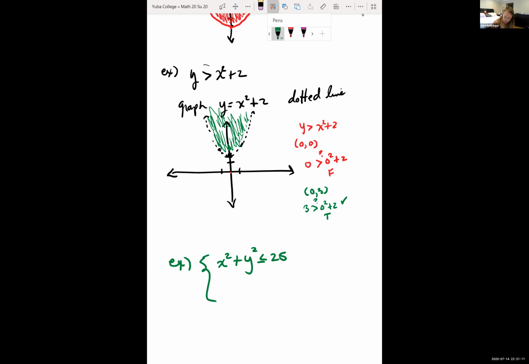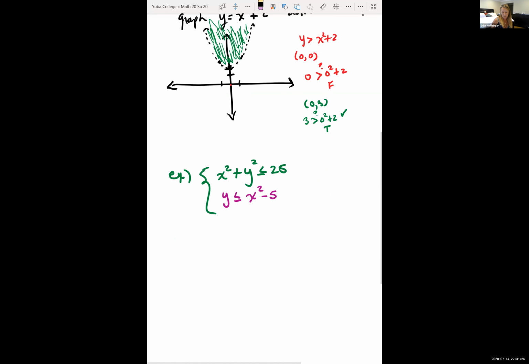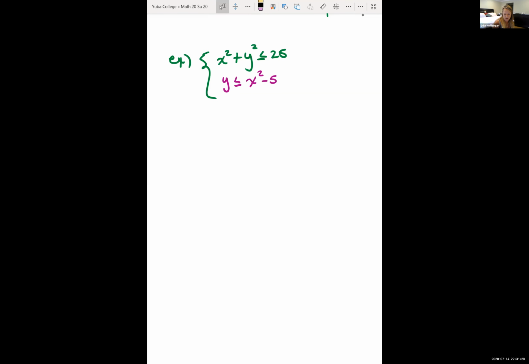And the second one is y is less than or equal to x squared minus 5. Okay, so you want to graph each one like there was an equal sign. Determine if the graph of that line is going to be solid or dotted, depending on your inequality. Those are both going to be solid because they both have the equal to part.